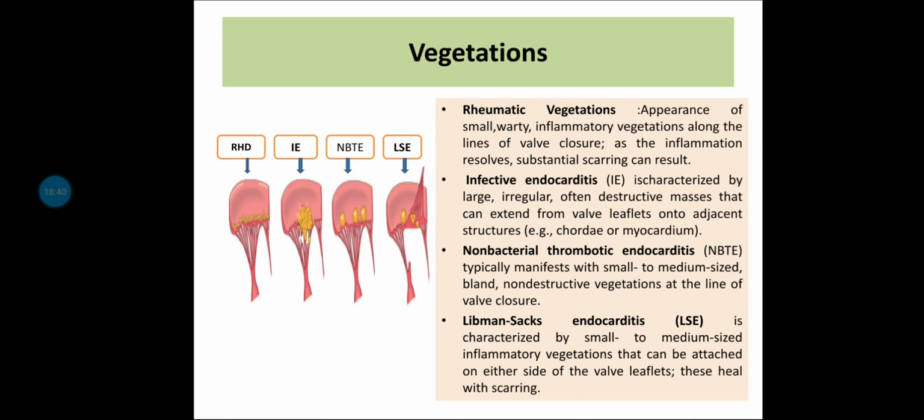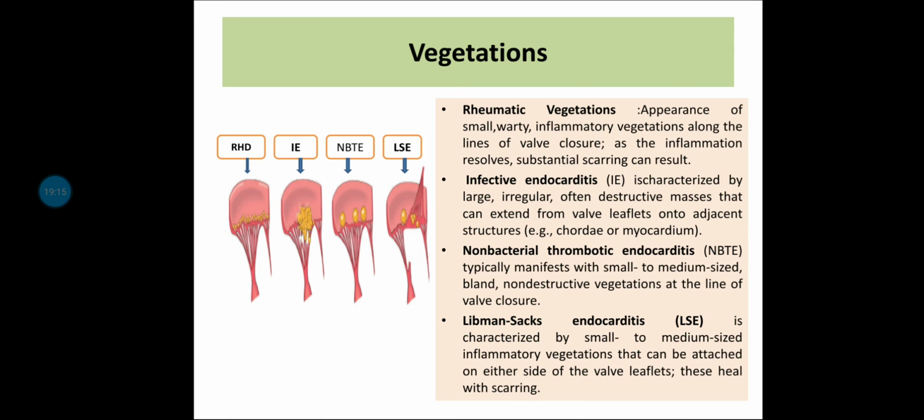In infective endocarditis, it is characterized by large, irregular, often destructive masses that can extend from the valve leaflets onto adjacent structures like the chordae tendineae and myocardium. So these are the infective endocarditis vegetations, which can form emboli, and they can detach from their own place.